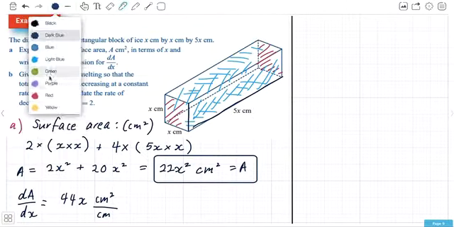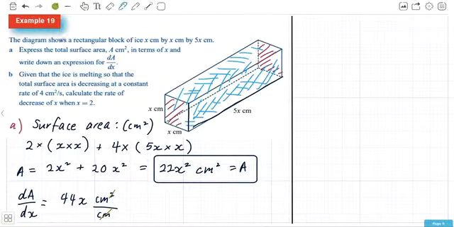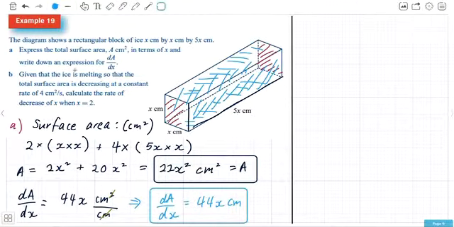So I can see here in terms of the units that I'll get a cancellation. So we now have dA/dx equals 44x, and the units there would be centimetres. Okay, so that's the first part of the question done.